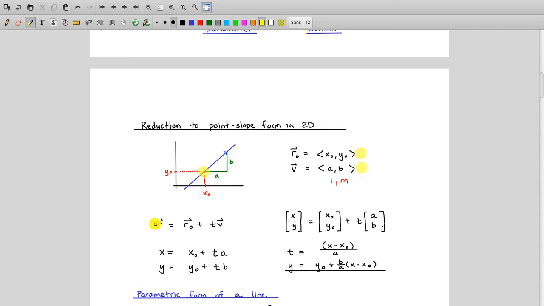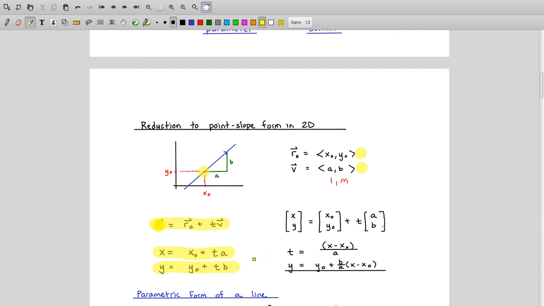And so we use the standard form, r equals r naught plus tb, and we can write that in vector form over here on the right. r is just the vector x comma y, the vector of coordinates. r naught is a particular set of coordinates, x naught, y naught, and v is the direction vector a comma b. So we get this right here. This gives us actually two equations, the top line and the second line. Here x equals x naught plus ta, y equals y naught plus tb.